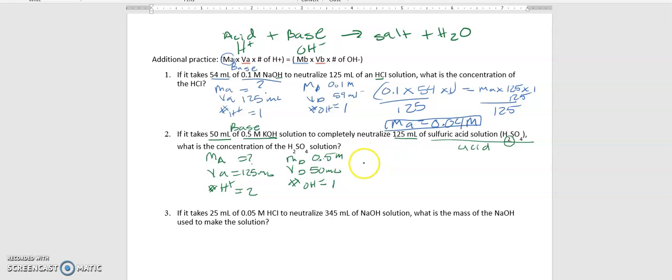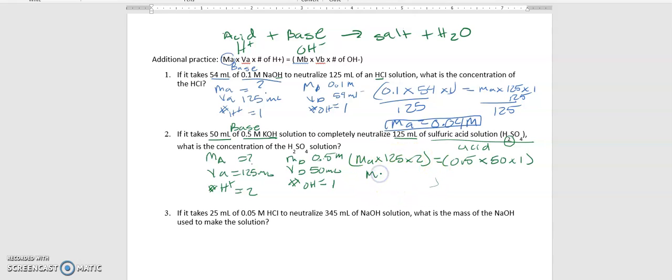So now I'm going to plug everything in. MA times 125 times 2 equals 0.5 times 50 times 1. 125 times 2 gives you 250.